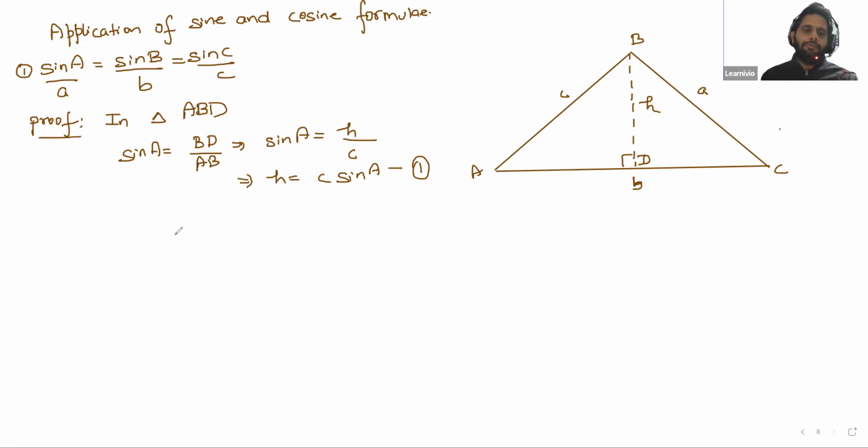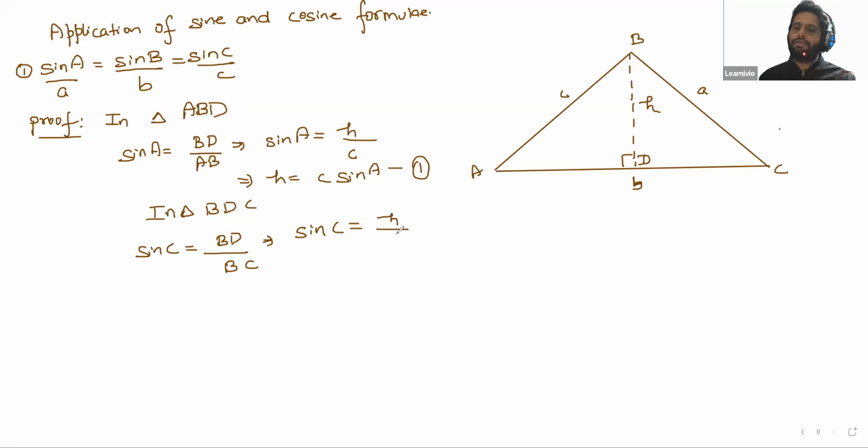Now in triangle BDC, sin C is equal to perpendicular BD by hypotenuse BC. What is BD? H, and what is BC? a. So you can say H is equal to a sin C. Okay, Sparsh?